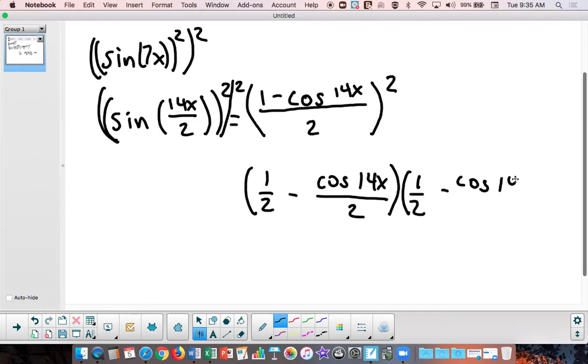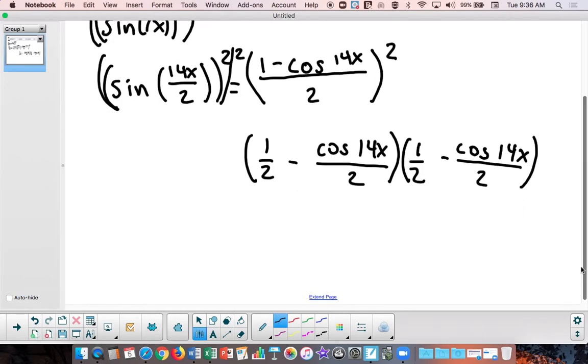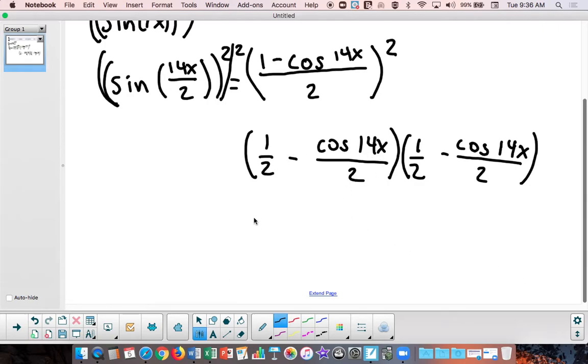If you want, you can write that as 1/2 of cosine 14x, but this is a little shorter. So from here, first we have 1/2 times 1/2, and then we're going to have 2 sets of 1/2 times negative cosine 14x.